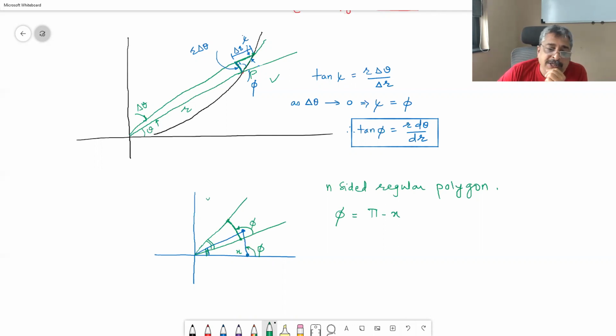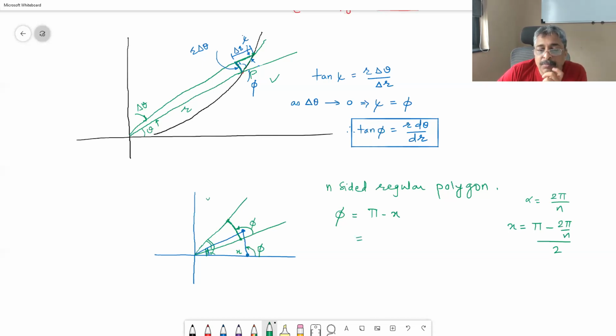But how much is x? x is 90 minus whatever the central angle is. Central angle at center, let us call that angle alpha. Alpha is going to be equal to 2 pi upon n. So x is equal to (pi minus 2 pi upon n) whole divided by 2, correct?